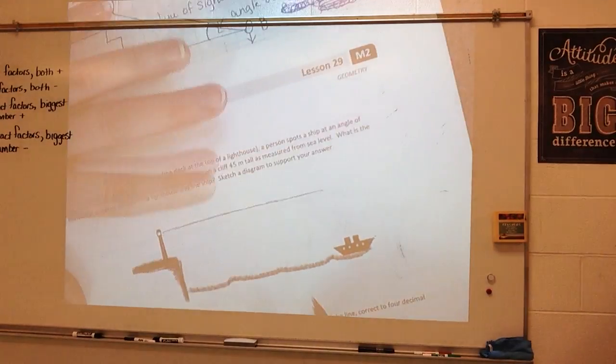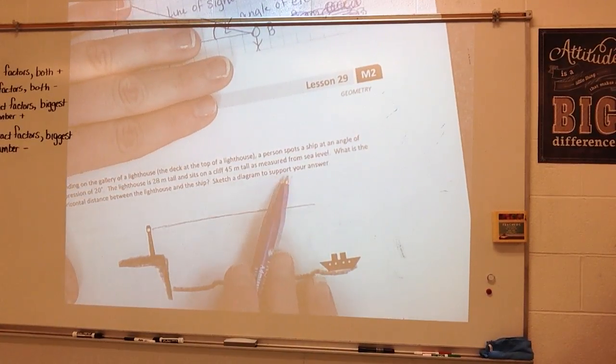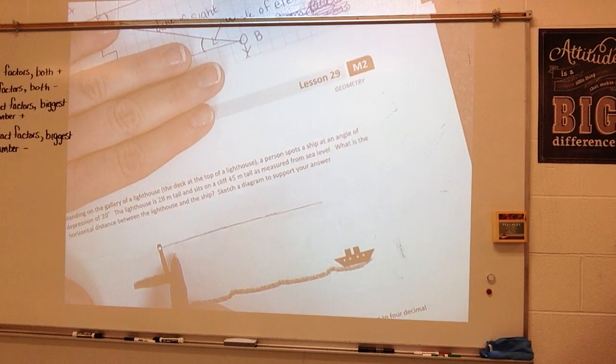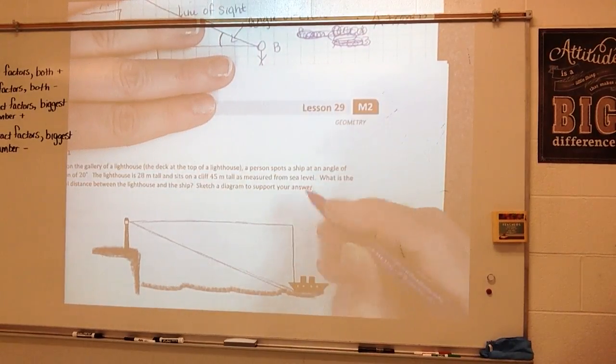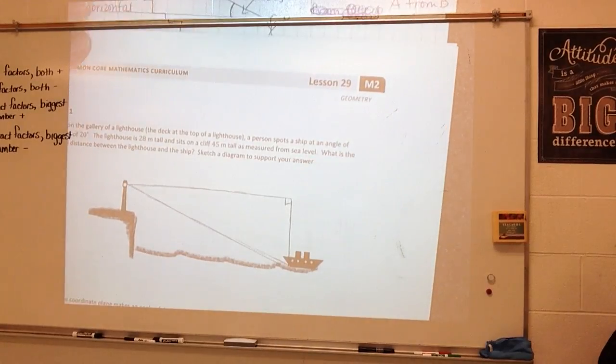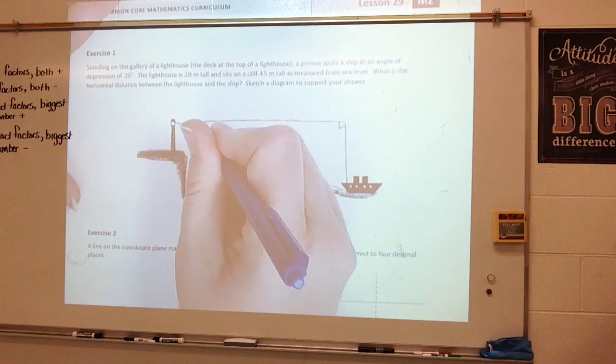A depression means we're looking down. And it says we're looking down at the ship. Which means here is my right triangle. All right, we are looking down at a depression of 20 degrees.